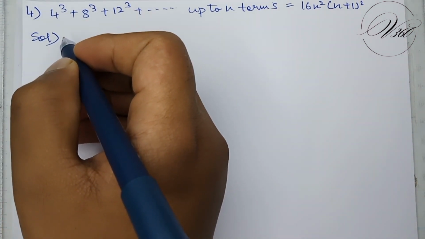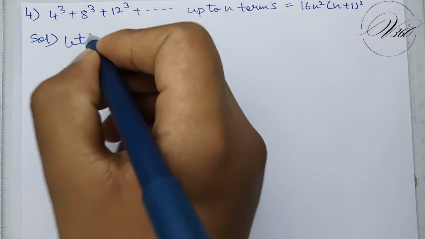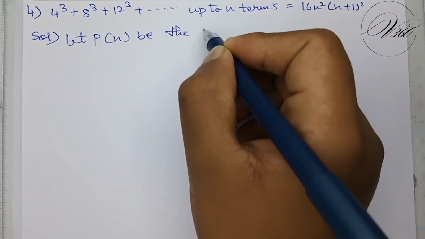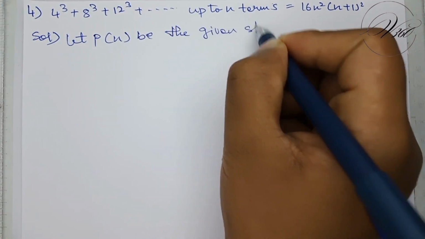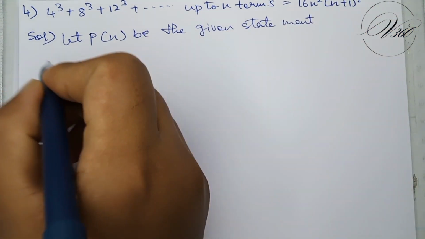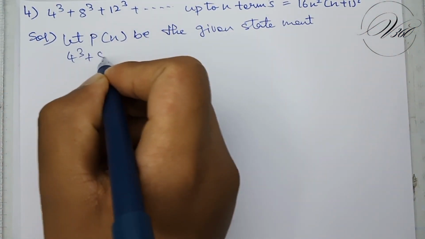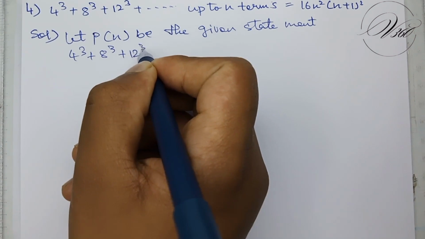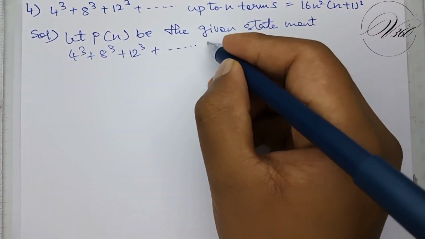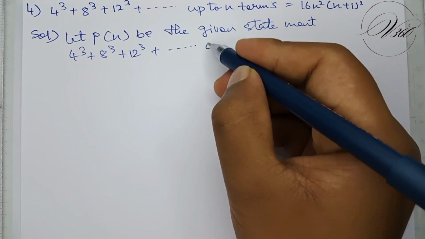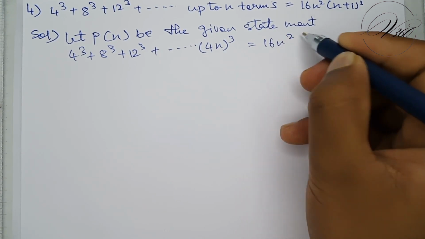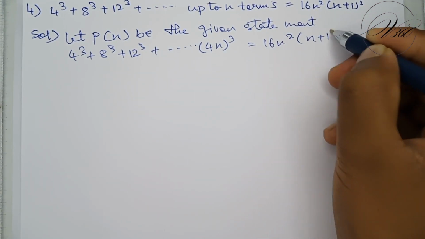Let P of n be the given statement. Okay, 4 cube plus 8 cube plus 12 cube plus until (4n) whole cube is equals to 16n square of (n plus 1) whole square.